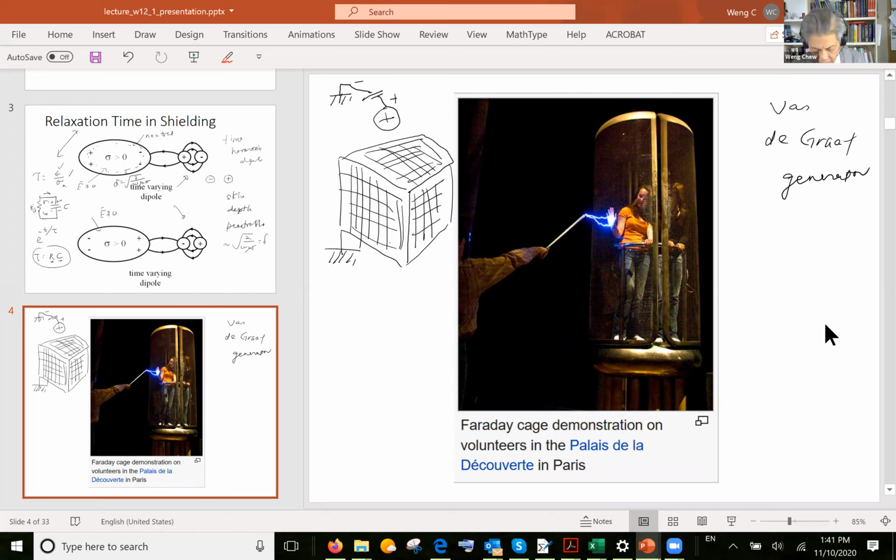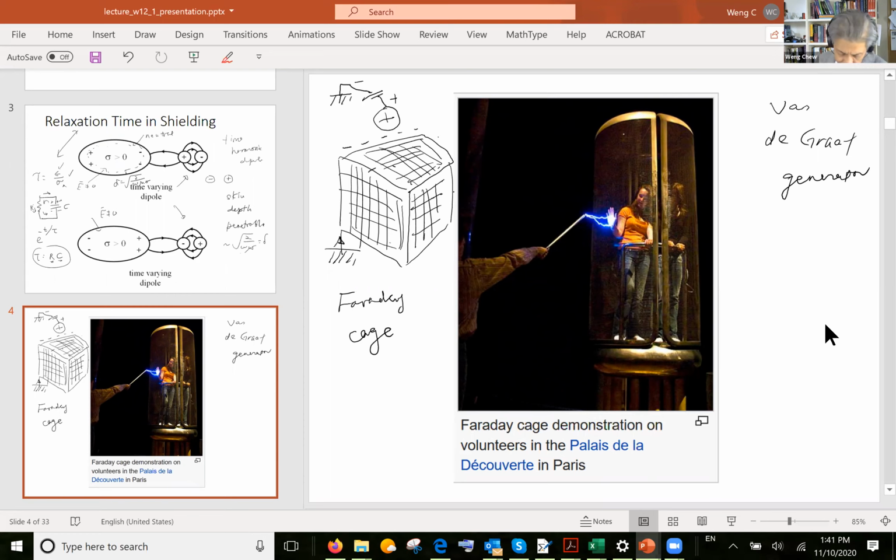If that source is put very close to your Faraday cage, it will attract a lot of negative charge to this side of the cage, and then the charge can be supplied from the ground upward.